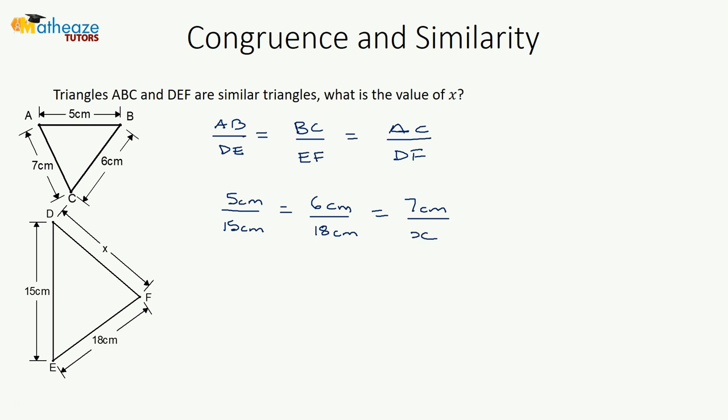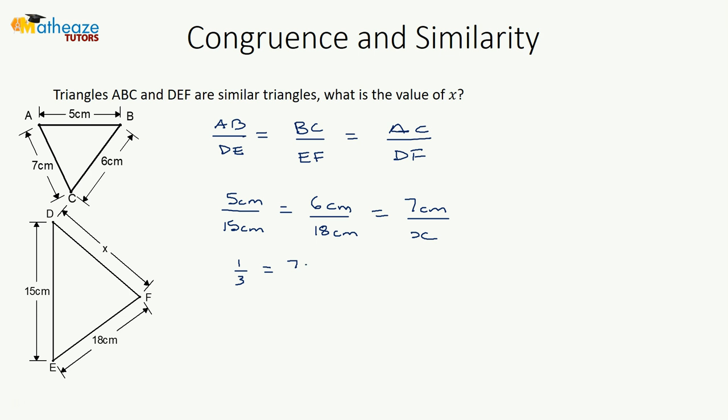So if we look at this here, we can see from the ratio of AB to DE we have a ratio of 1/3, and then we have a ratio of 1/3 from BC to EF. So the ratio of the sides from the smaller triangle to the larger should be 1/3, 1 to 3 from the smaller to the larger.